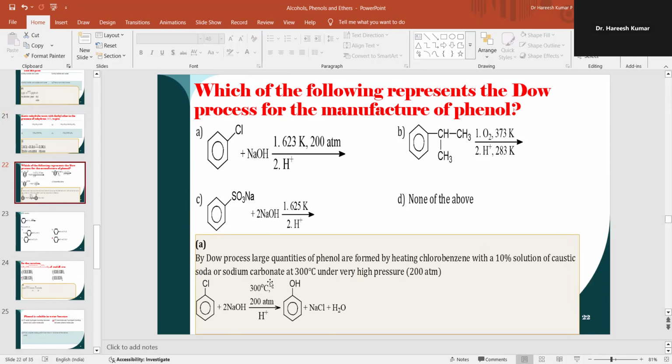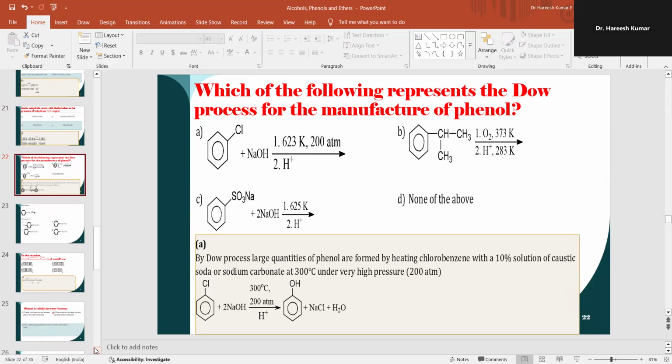What is the difference between here and here? Here the temperature is given in SI unit, 623. Here the temperature is given in degrees Celsius. That's the only difference, 200 atmosphere, 200 atmosphere. In the other places the atmosphere is not matching.